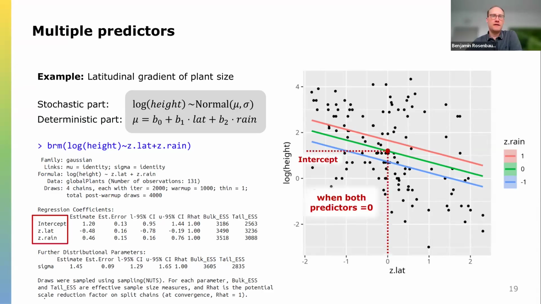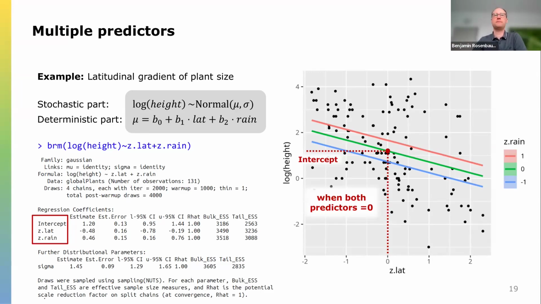And in this case, we see what the parameters mean. So again, the intercept will be the value when both of the predictors are equal to 0. So it's when latitude, or the scaled latitude, is equal to 0, and also the scaled rainfall is at 0.